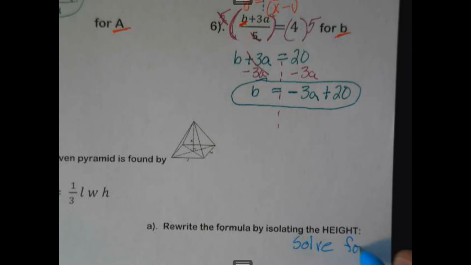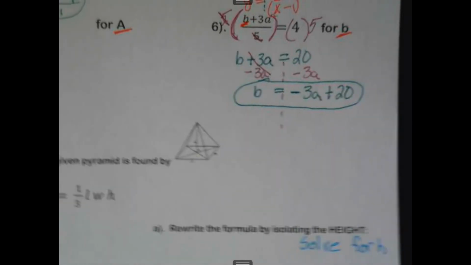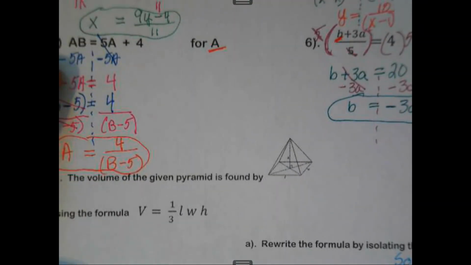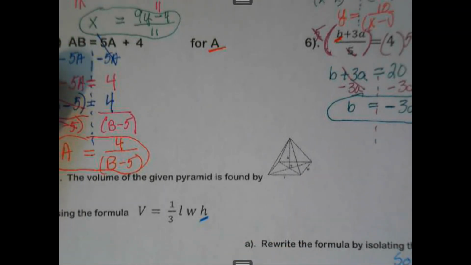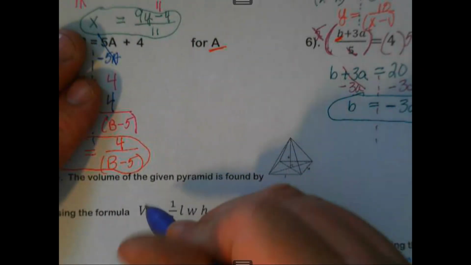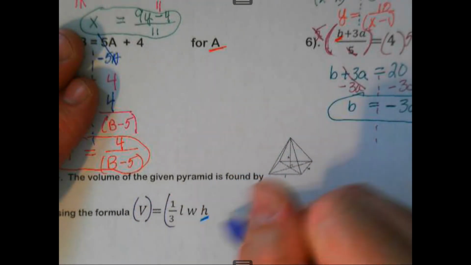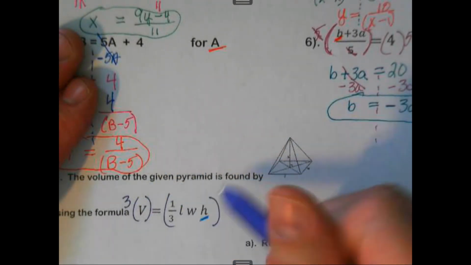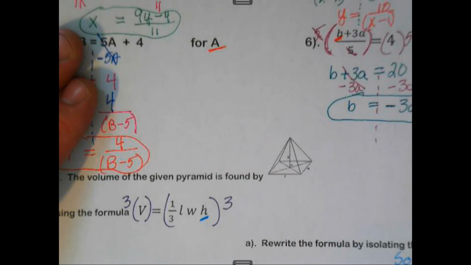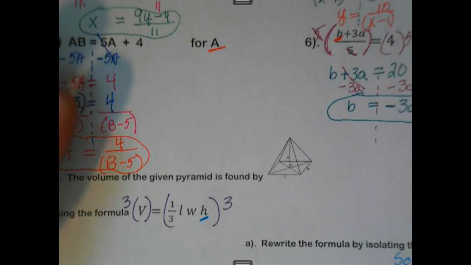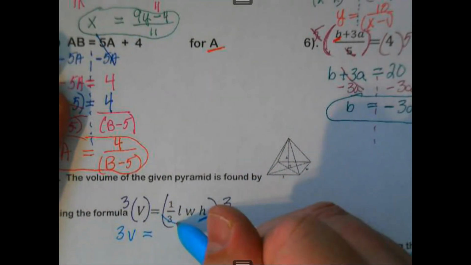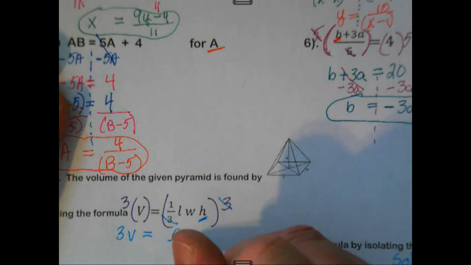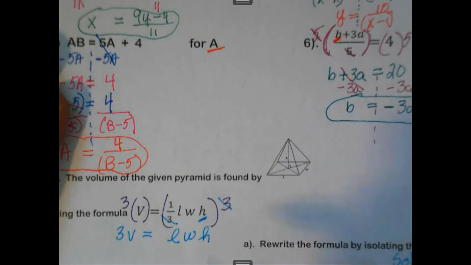Okay, so we got this formula. We want h on one side. So what we're going to do, well, let's get rid of the fraction. You can get rid of the fraction first. Multiply both sides by 3, or 3 over 1, the reciprocal. And I get 3V equals, these cancel, I get L times W times H. Now there's multiplication between all these.